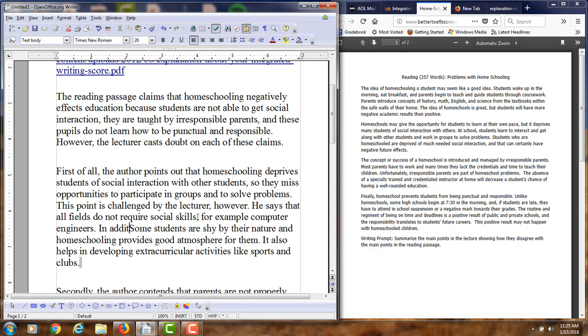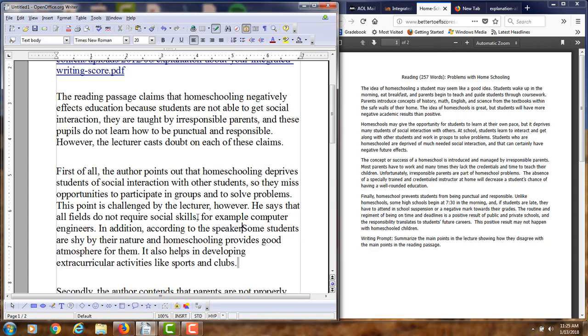Then you can say, in addition, I would put this in here, according to the speaker, some students are shy. You can just here say by nature. And homeschooling provides a good atmosphere for them. It also helps in developing extracurricular activities like sports and clubs. So we have some ideas here that we can put in there.